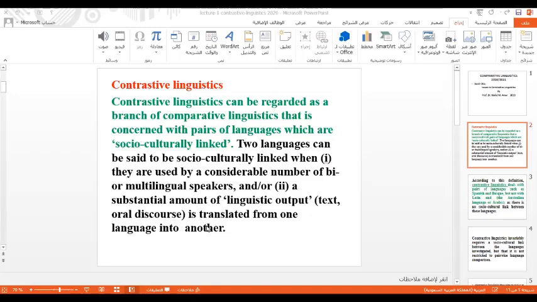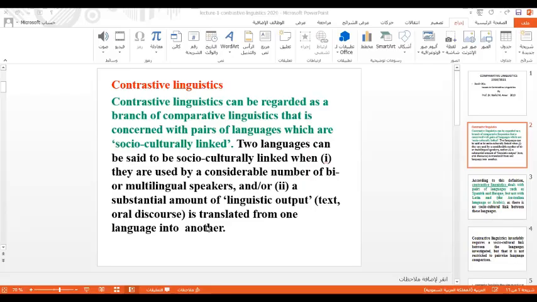Once you speak about English and Arabic, we come to bilingual, trilingual or multilingual speakers.